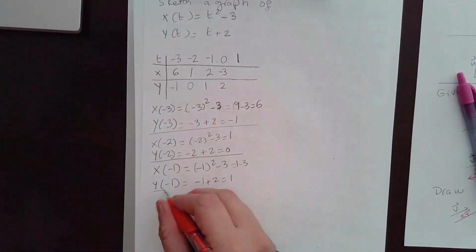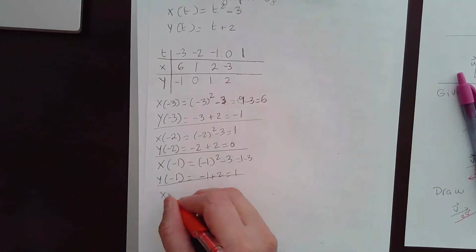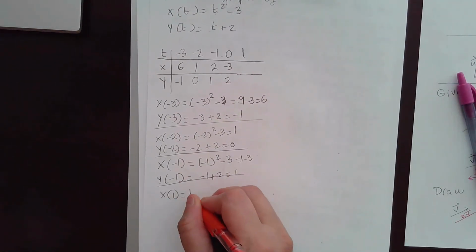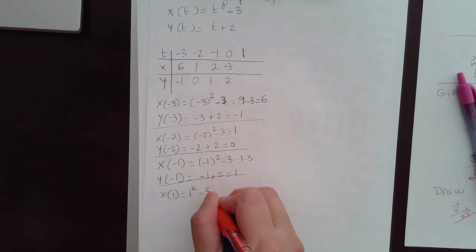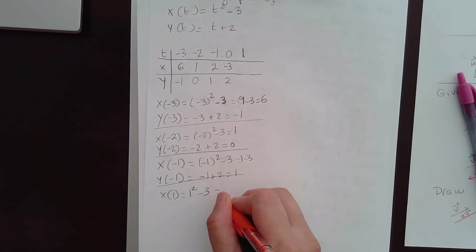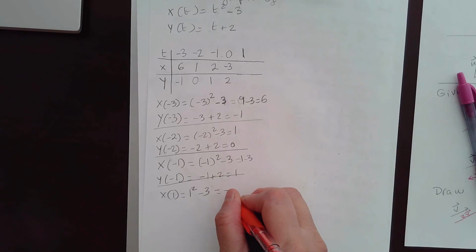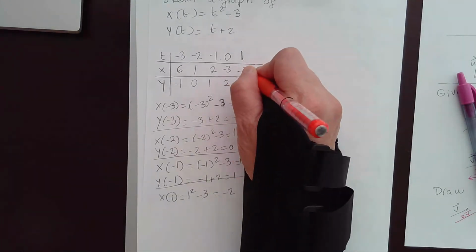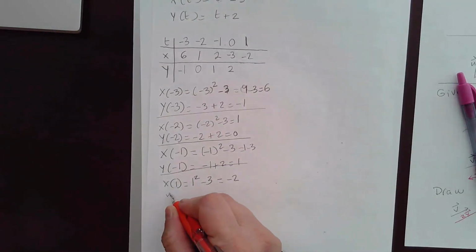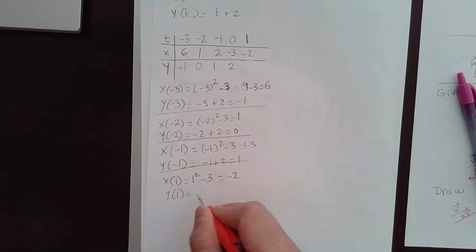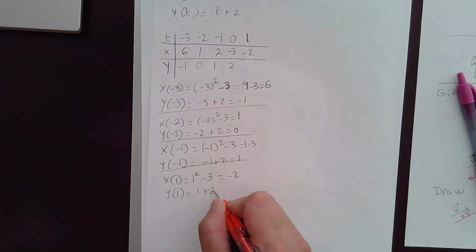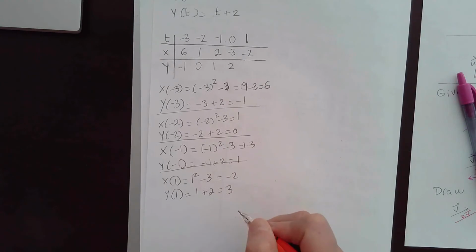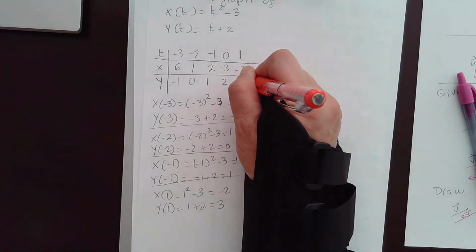X is 1 squared minus 3, which is 1 minus 3, that's negative 2. Y would be 1 plus 2, which is 3. So you have negative 2, 3.